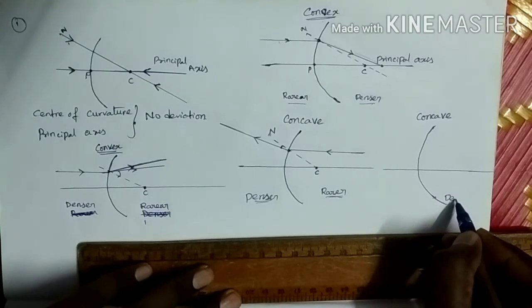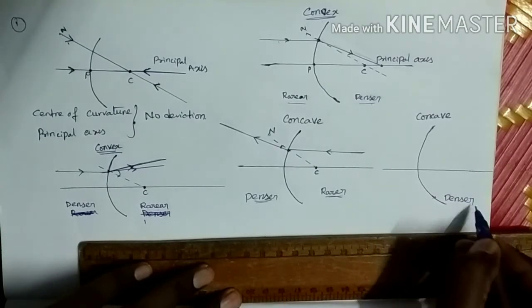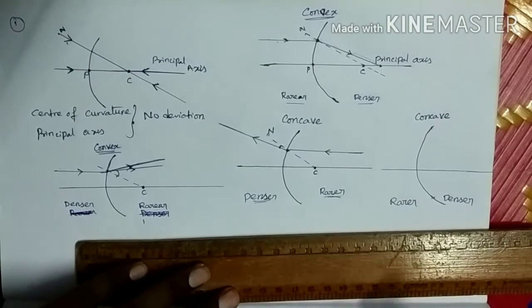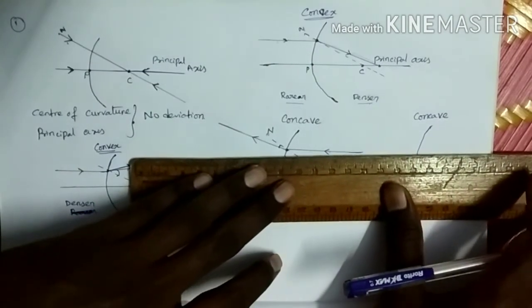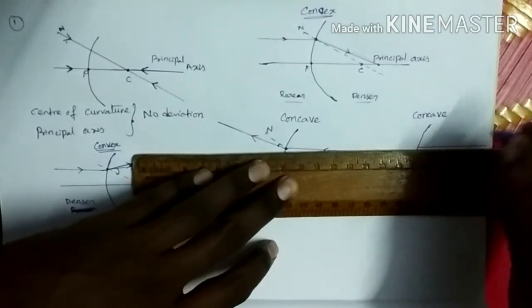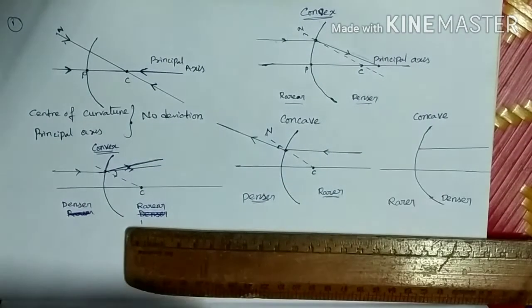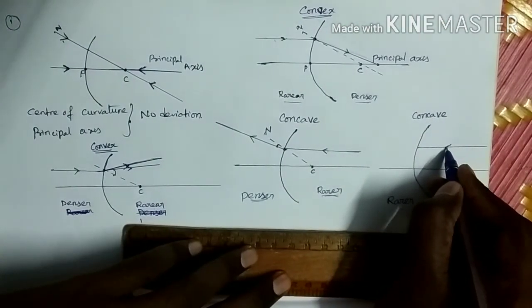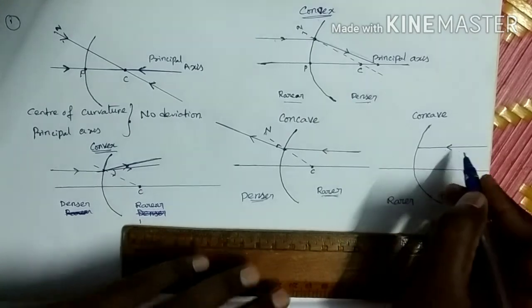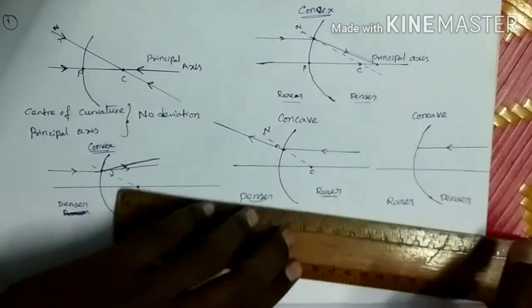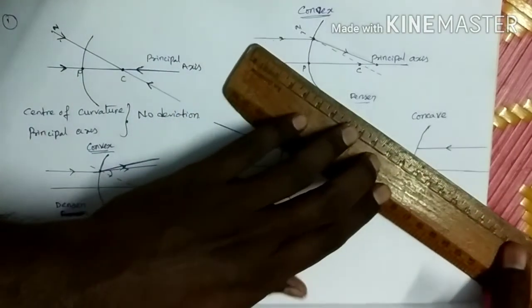I am taking this as the denser and this will be the rarer. Here I am incident the light on the concave curved surface which is parallel to the principal axis, from denser medium to the rarer medium.